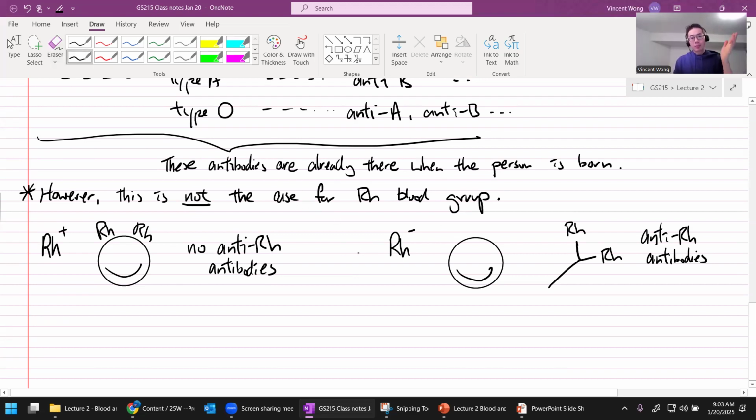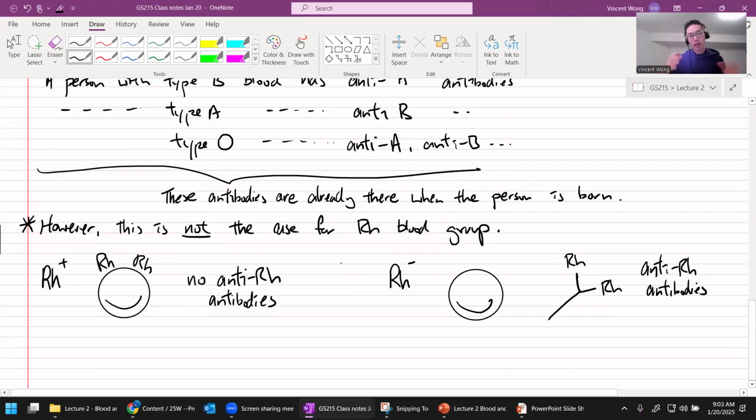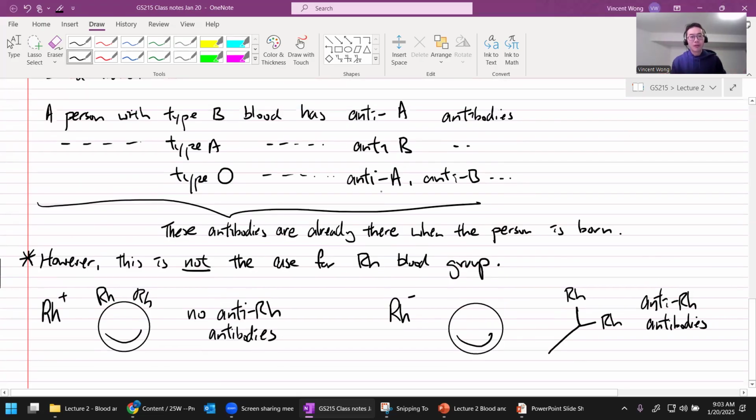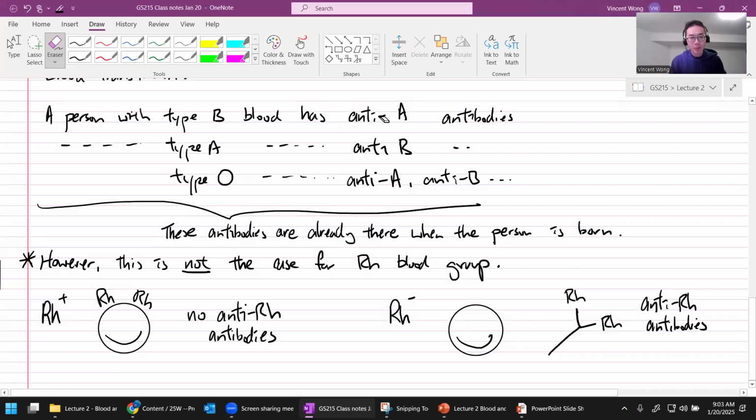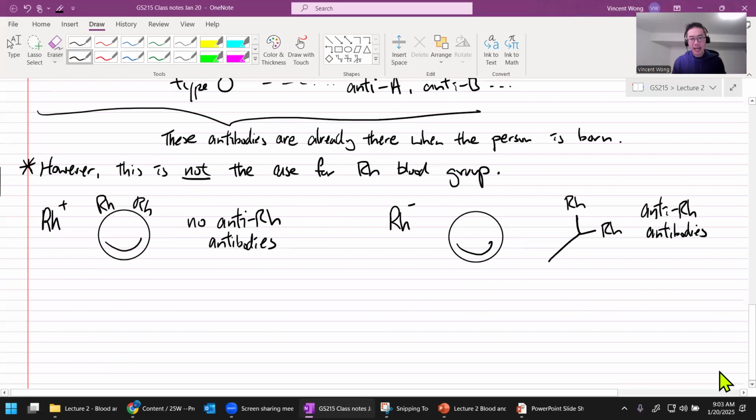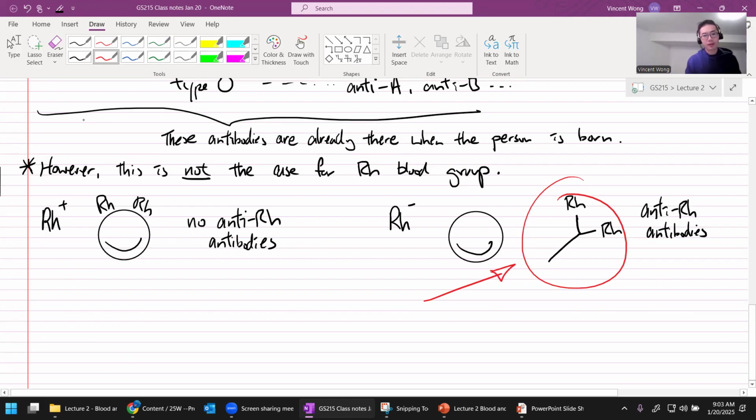Now here is the thing I'm trying to tell you, and I'm not sure if I am making this clear. For the ABO blood group stuff, I told you the antibodies are pretty much there when the person is born. But that's not the case for RH. I'll put a note here, and this is a very important note.